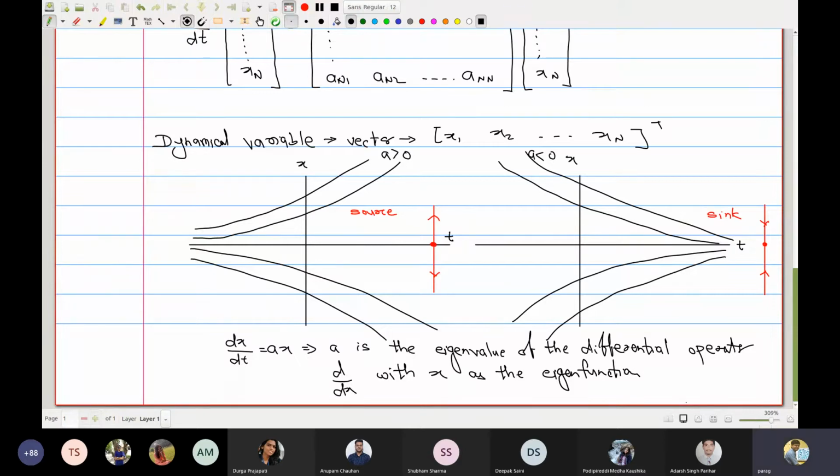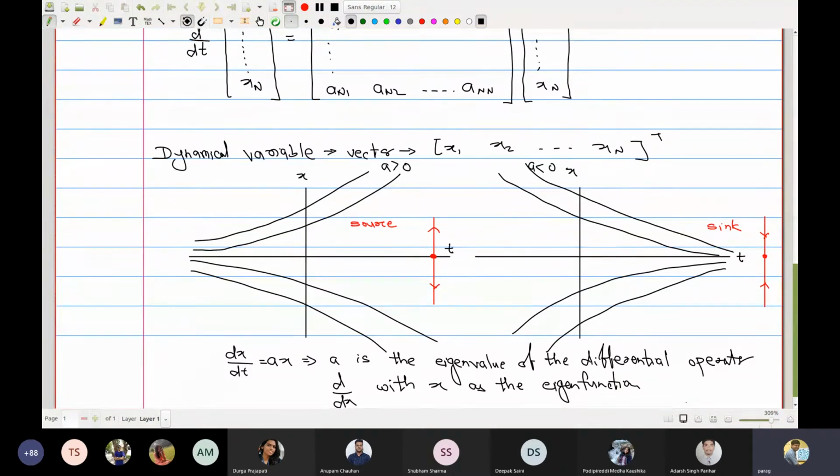Okay, so if x is the eigenfunction, then a is the eigenvalue of the differential operator. What you are doing is analyzing whether the magnitude of a is greater than 0 or less than 0, and the behavior or the fate of your system changes drastically as you change the sign of the eigenvalue.